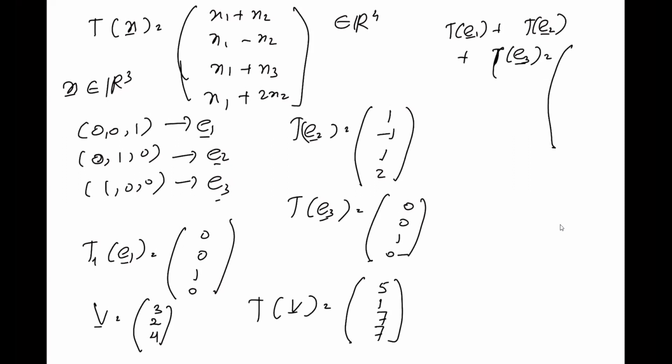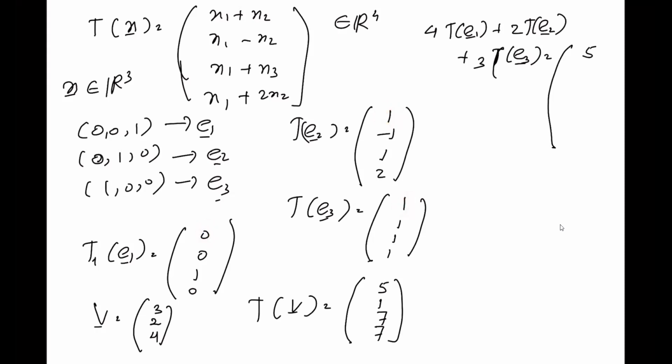So E3 becomes 1, this is 1 and 1 0. If I put it, it is 1 and x1 and 3 it is 1, and 1 plus 2x2 is 1 also, right? Now I have to put the E1 coordinate should be 4, E2 coordinate should be 2, and this coordinate should be 3. Then if I multiply by 4, it is 0 plus 2 plus 3, it is 5.